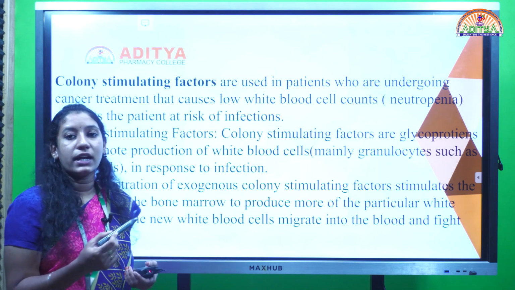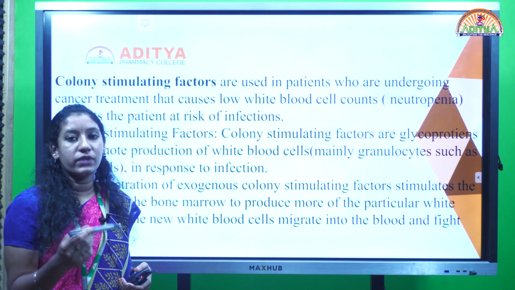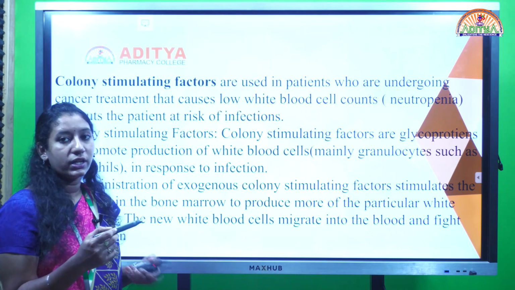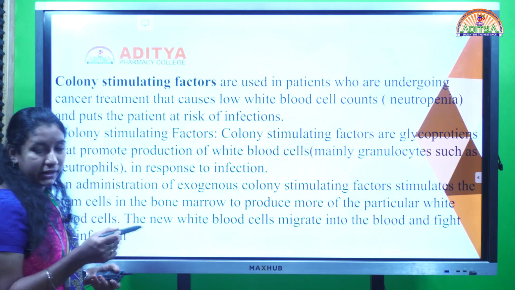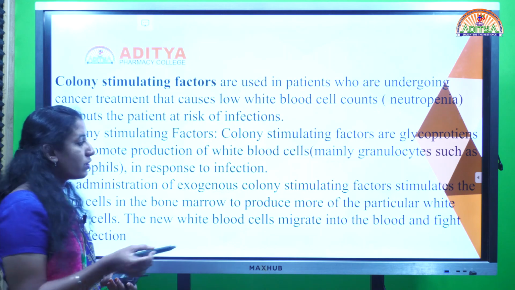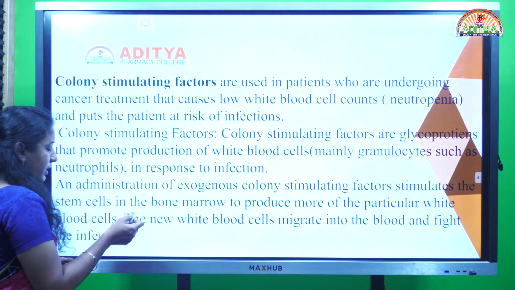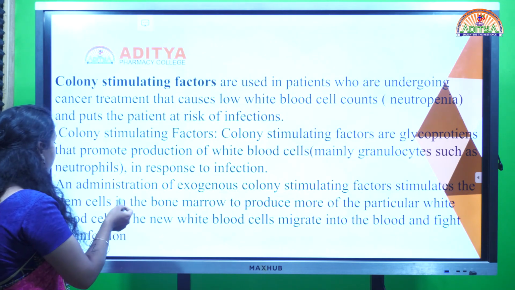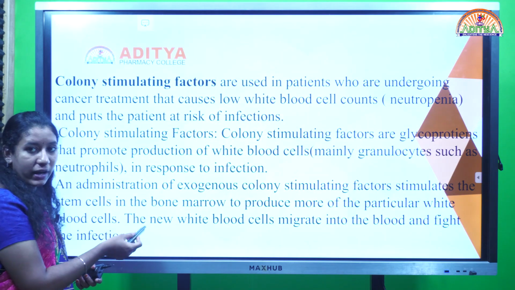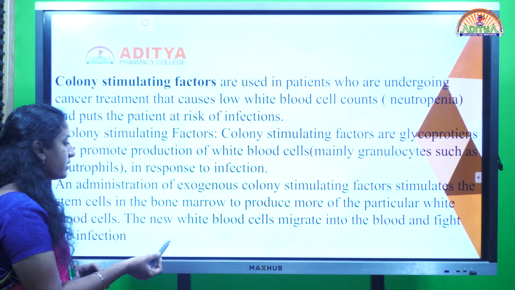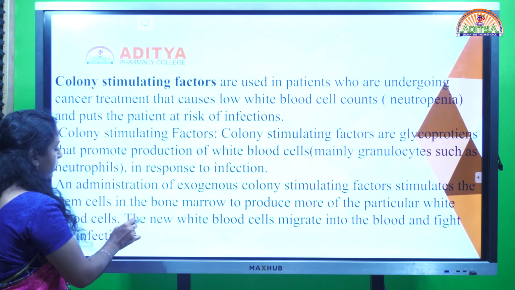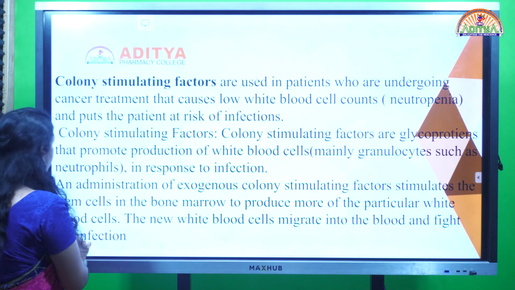Whenever there is a condition of neutropenia in many diseases, these colony stimulating factors will be given to that person. They will increase the production of WBCs in response to the infection, and they also stimulate the stem cells in the bone marrow in order to produce the WBCs. So this is the MOA of colony stimulating factor, and this is all about the immunostimulants.